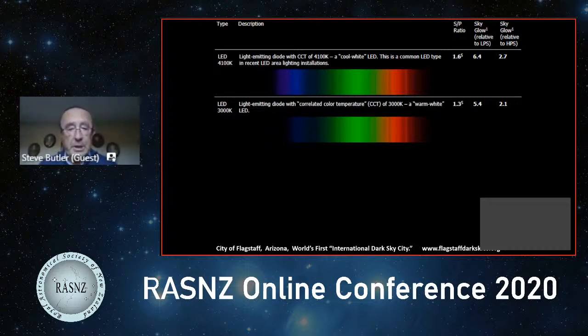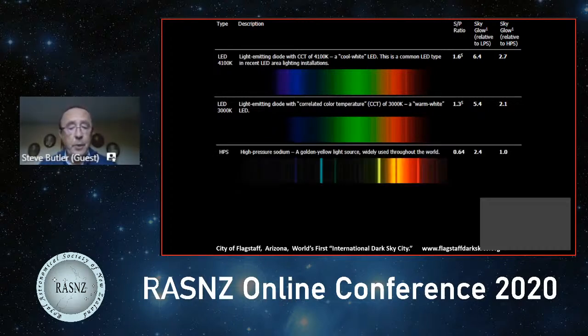We are not of the same opinion. We think that's still too blue rich, too broad a spectrum, even for dark sky areas. It actually relates to the maximum allowable by the International Dark Sky Association.